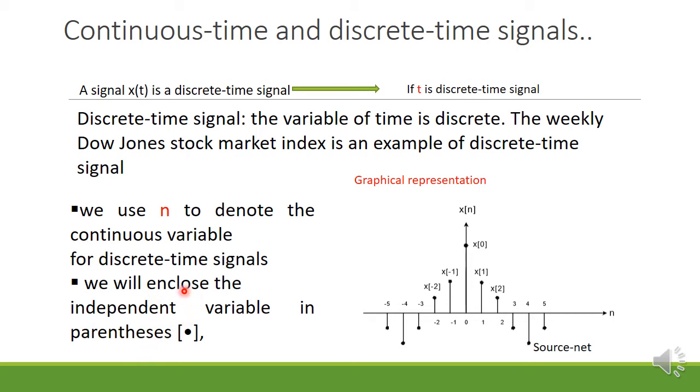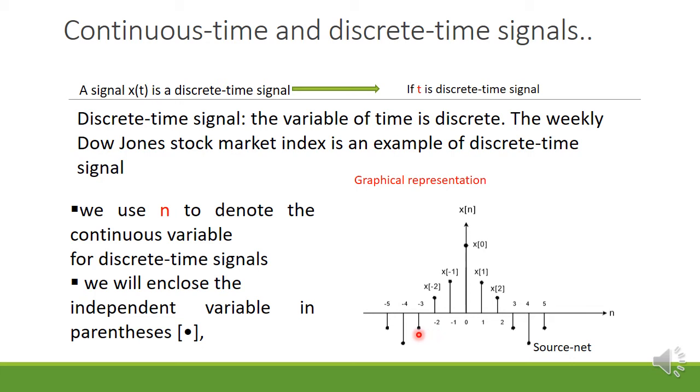Let us revise once again. What is a discrete time signal? A discrete time signal is nothing but one where the variable of time is discrete. The stock market is an example of a discrete time signal. In the stock market there are changes every day: one day it is high, one day low, medium, like that. So they have taken it as a broad example of discrete time signals.